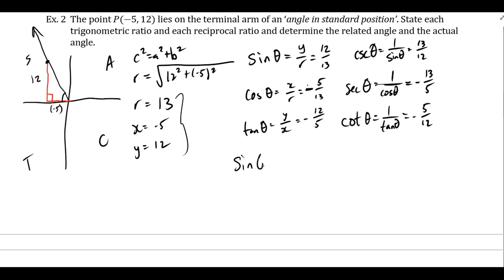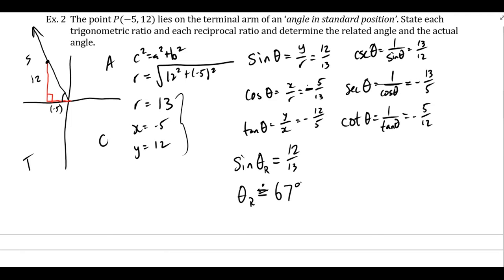So if sine theta, and this is theta related, by the way, equals 12 over 13, then theta related equals, oops, mine's in the wrong mode. We'll talk about that on Monday. Shift sine, bracket, 12 divided by 13 is approximately, to the nearest degree, 67 degrees.